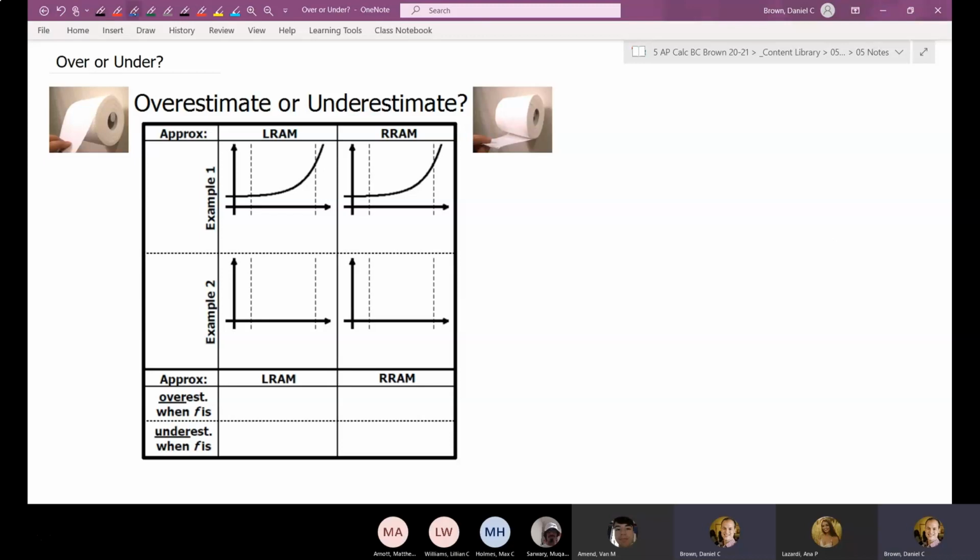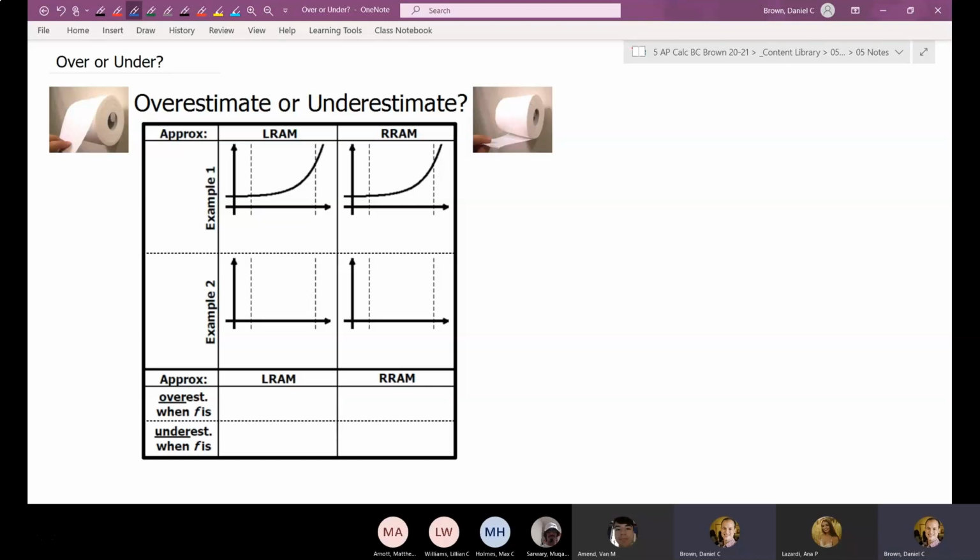So when we're looking at RRAM or LRAM, I think those are the easiest ones to figure out whether you have an overestimate or an underestimate. I don't often memorize these. If I'm taking the AP exam, as I did thousands of years ago, I just draw a quick graph and imagine what a left drawn rectangle looks like or a right drawn rectangle looks like.